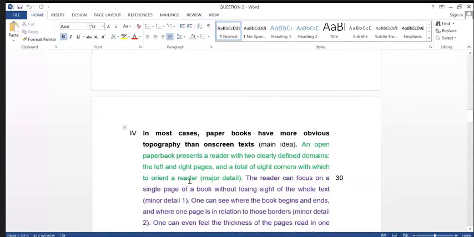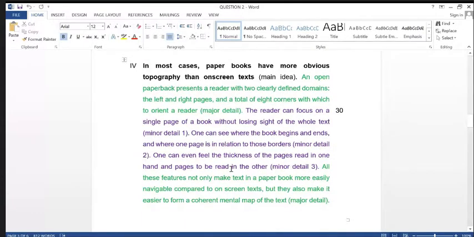All right. Now you have to study this paragraph first. Okay. I have already labeled it. Okay, so you can see in most cases, paper books have more obvious topography than on-screen text. Now, if the word topography is not a familiar word to you, definitely find the meaning.